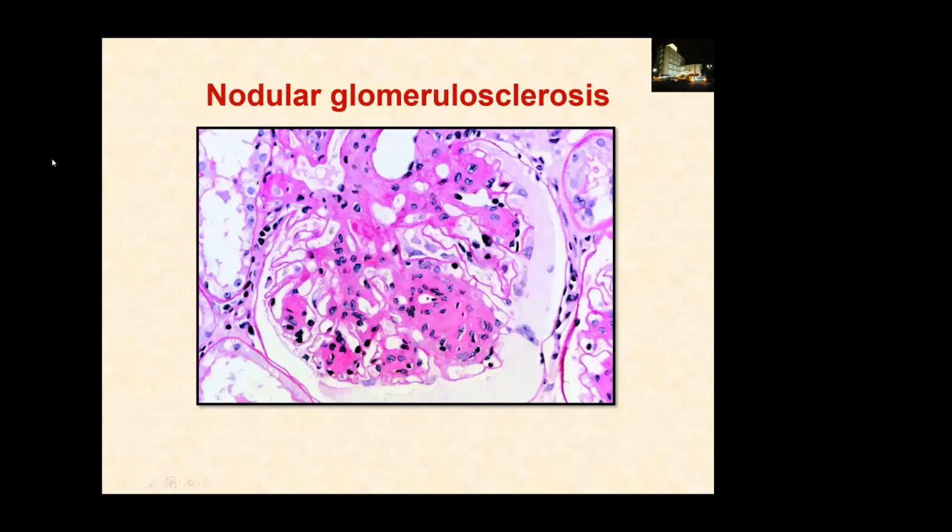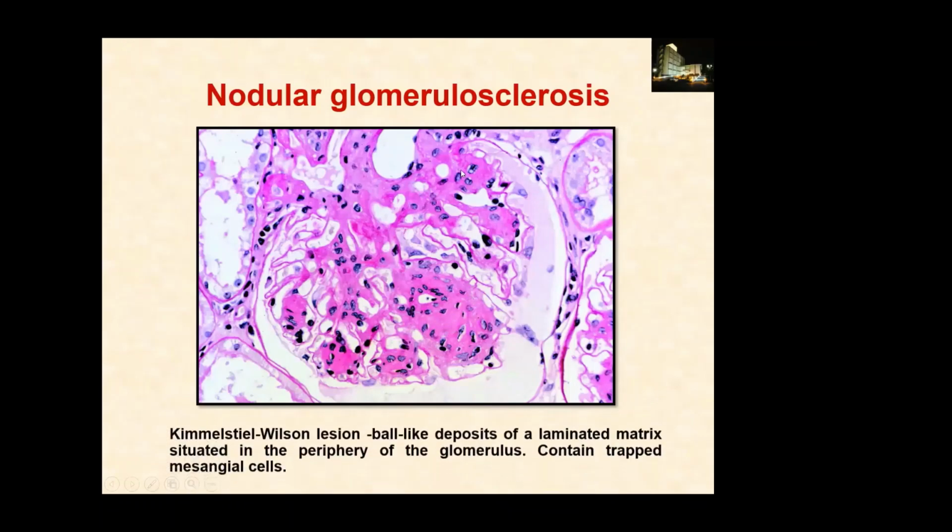And here we have an example of nodular glomerulosclerosis. This is the Kimmelstiel-Wilson nodule. This is the mesangial nodular sclerosis of diabetic glomerulosclerosis. The Kimmelstiel-Wilson lesion is a ball-like deposit of laminated matrix situated in the periphery of the glomerulus containing trapped mesangial cells, like here and here.